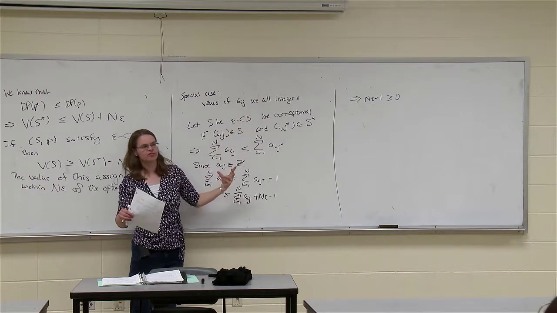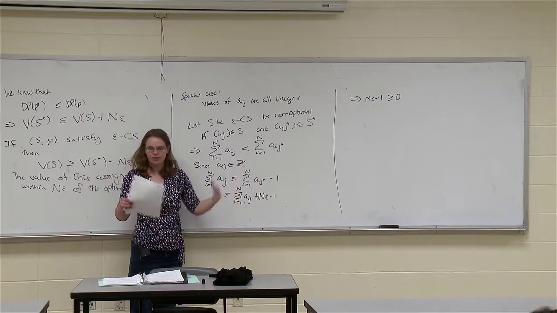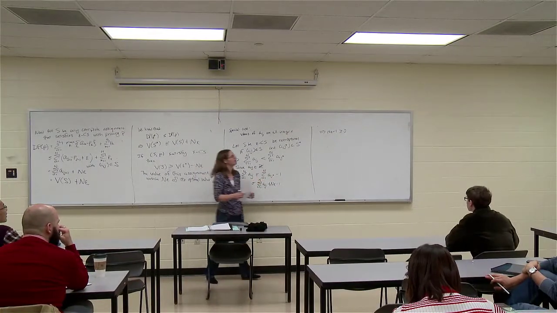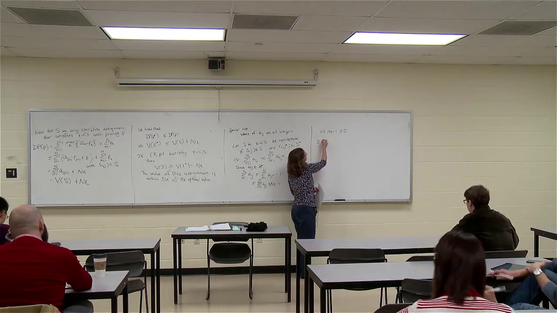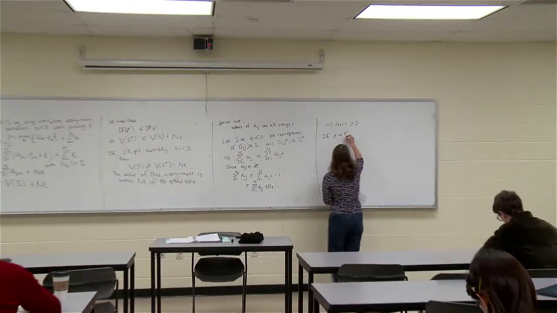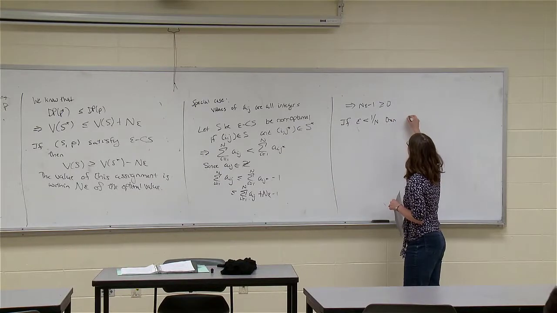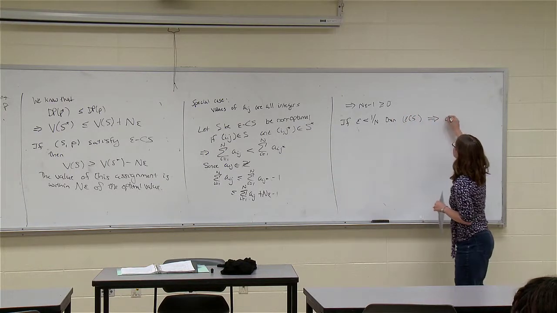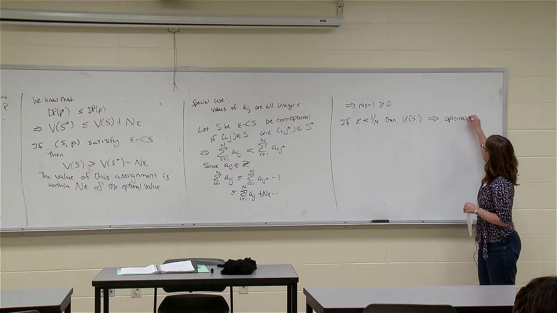So we can stick this epsilon into the algorithm, relax the conditions, and still get something optimal at the end of the day. In other words, if epsilon is less than 1 over n, then this condition actually implies optimality.